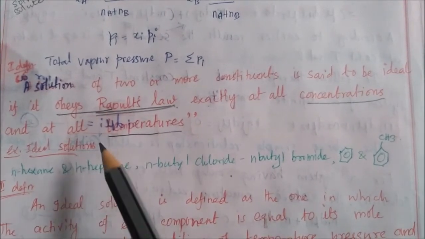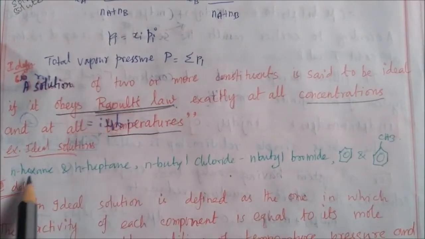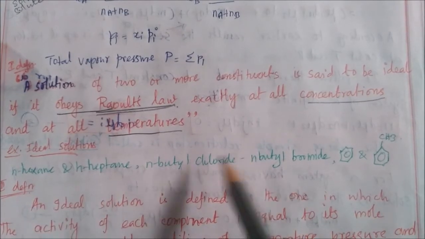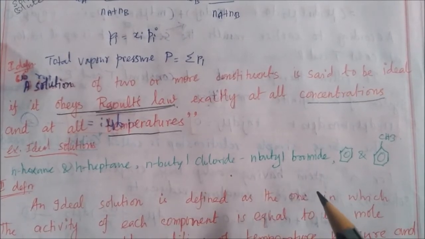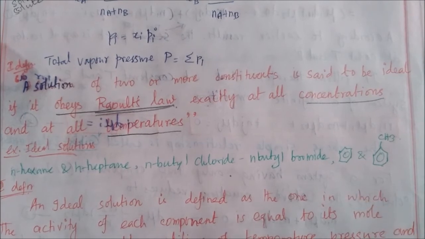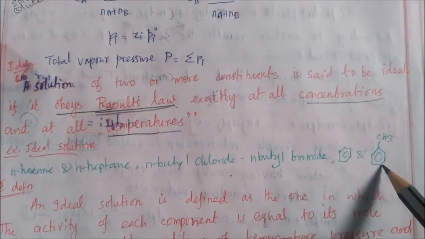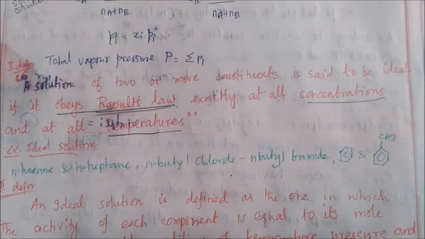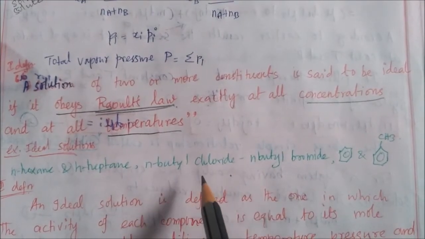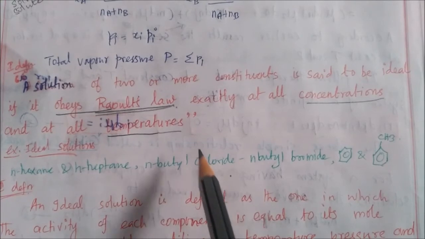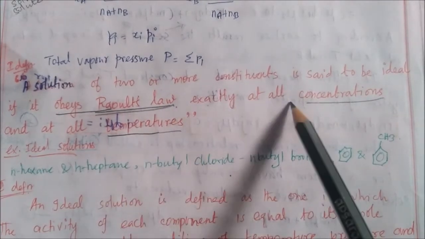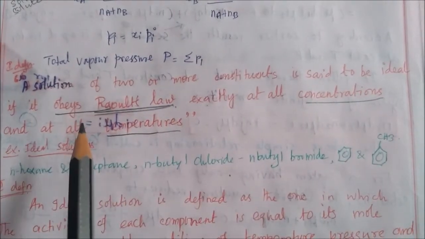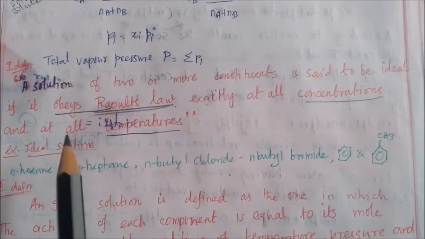So what are the examples? Examples of ideal solutions: n-hexane and n-heptane, n-butyl chloride and n-butyl bromide, benzene and toluene. So these mixtures obey Raoult's law at all concentrations and at all temperatures.